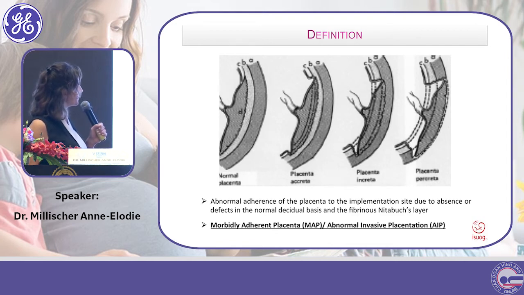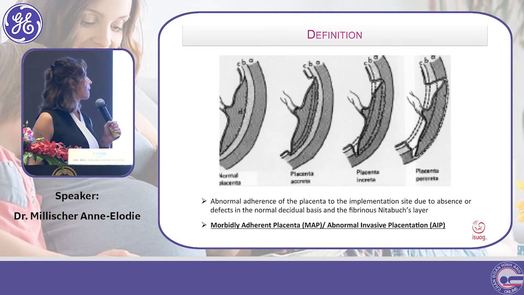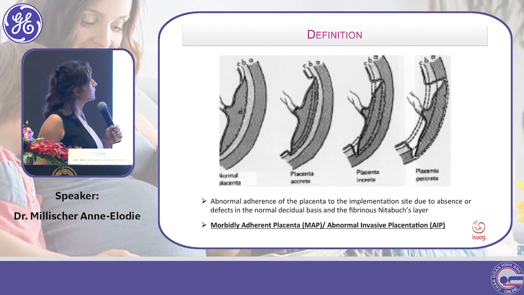Mình có thể dùng những cái thuật ngữ này thay cho cái placenta accreta là tại vì accreta nó chỉ là một cái giai đoạn ở trong một cái phần nhỏ ở trong cái nhau bám bệnh lý thôi. Placenta increta means that there is some invasion of the placenta throughout the myometrium without crossing the serosa of the uterus.